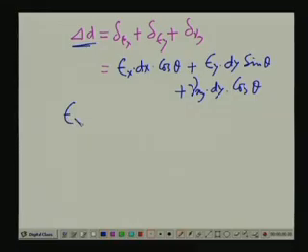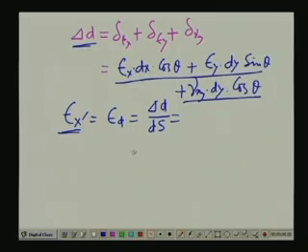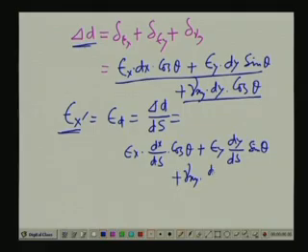Now, epsilon x dash, or the strain in the x dash direction, is nothing but the strain in the diagonal, which is equal to the extension of the diagonal divided by its original length ds. This equals epsilon x times dx by ds times cos theta, plus epsilon y dy by ds sin theta, plus gamma xy dy by ds cos theta.